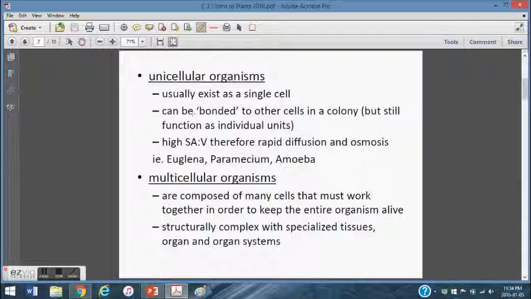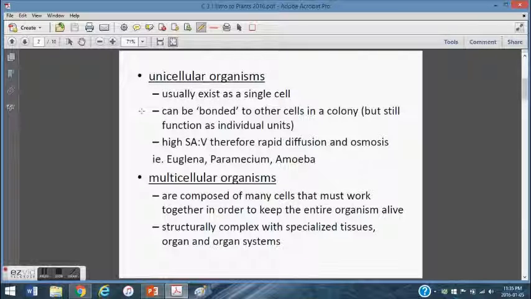Because they are bonded together, they do get certain amounts of protection from the outside, but each of the individual cells does all of its life functions for itself. Okay. When we get to multicellular organisms, that does not always hold true.